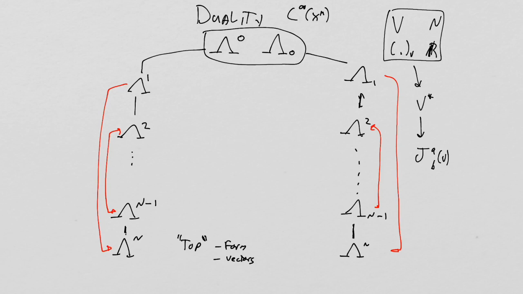And that includes all of the exterior power spaces, right? All of these guys, and all of the exterior power vector spaces, which are these guys. So that part of the duality we've already covered.